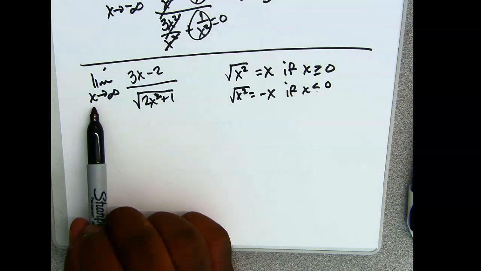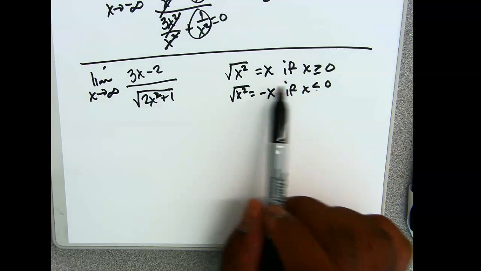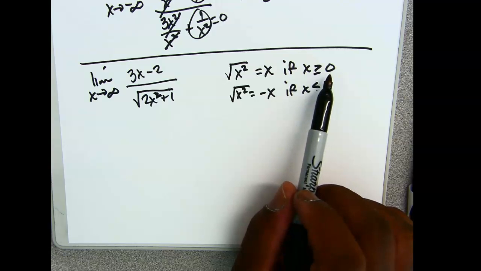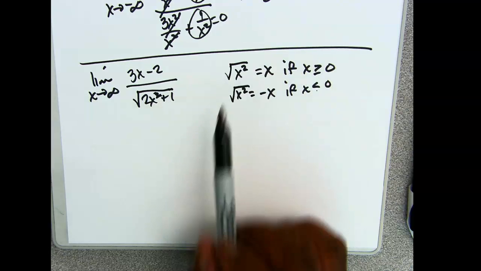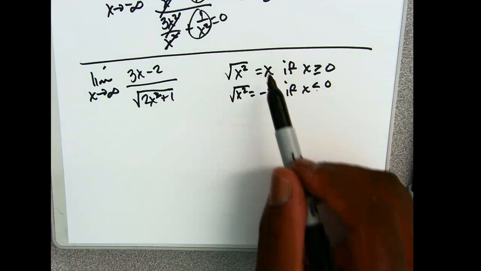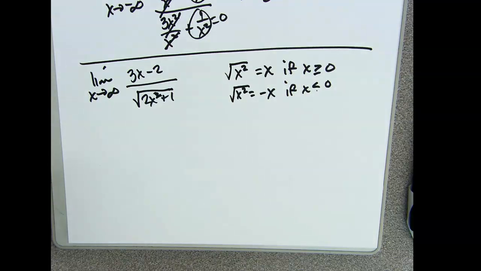In this case, because your limit is x going to positive infinity, we know that our x values are greater than 0. So the square root of x squared would be x. So the highest power in our denominator is x to the first power. We're representing it as the square root of x squared.